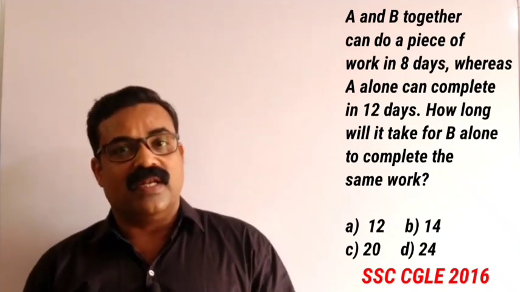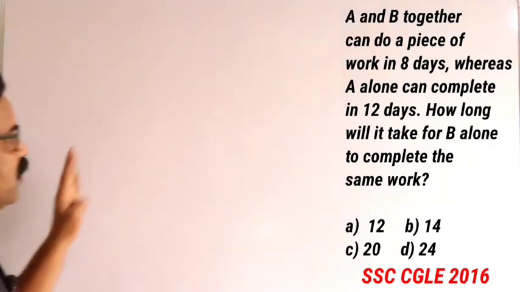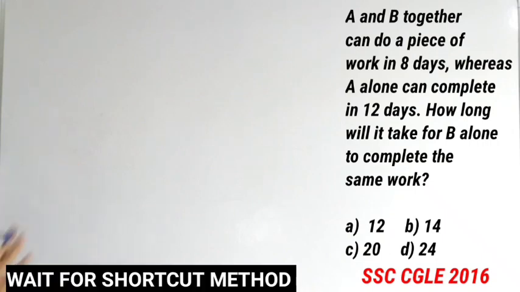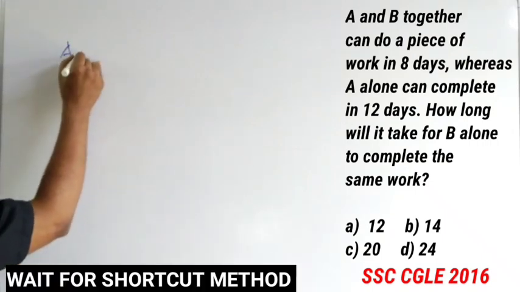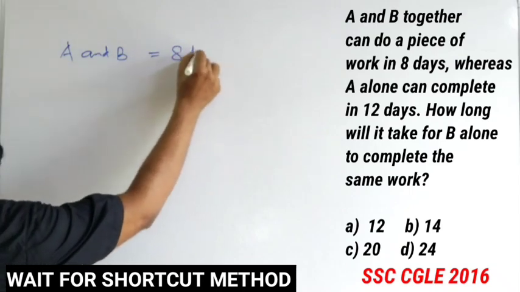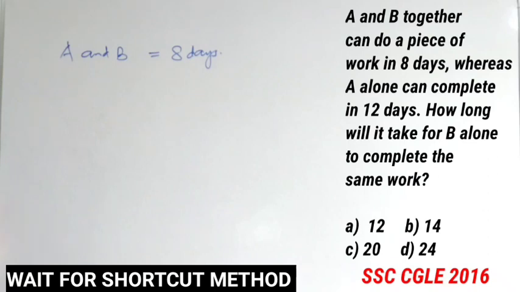What is given in the question? Let us write that first. A and B together can do the work in 8 days. So, A and B together in 8 days. This is the first piece of information.